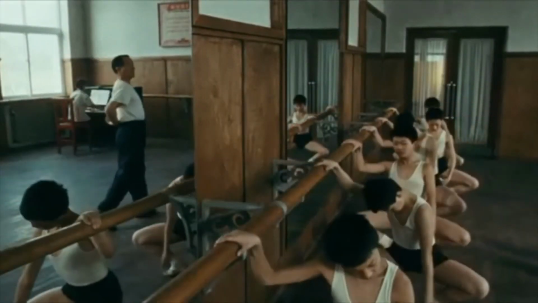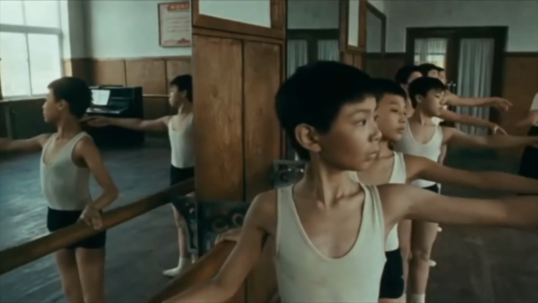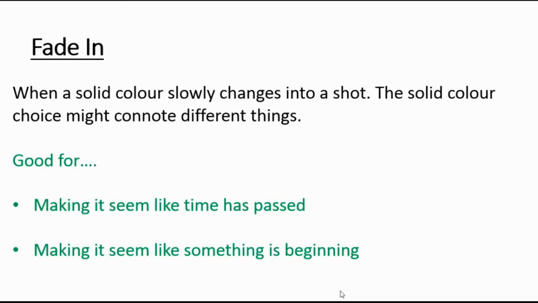It could be a different colour, and different colours might connote different things as well, but it also makes it seem like time has passed. And if you fade in from a solid colour, so fading in from white or black, for example, it often makes it seem like this is the beginning of something. Something has just started. So you might get a fade in at the beginning of a film, for example.